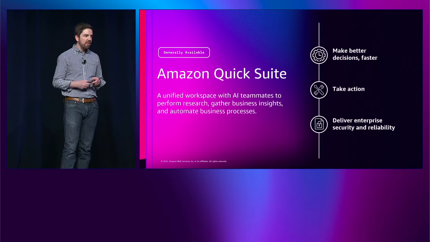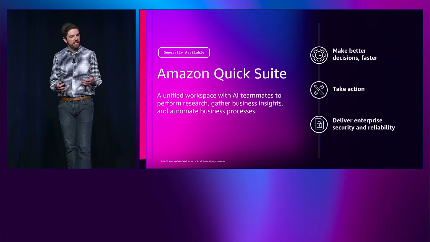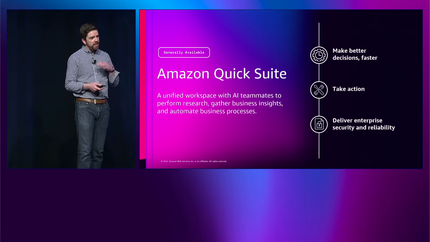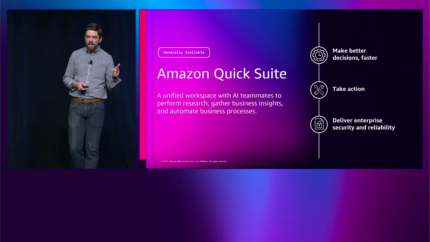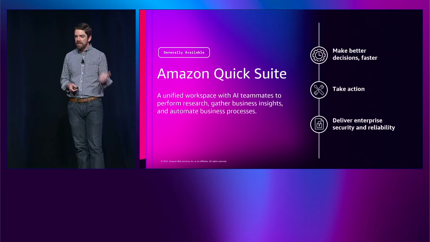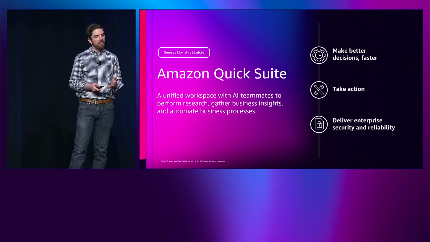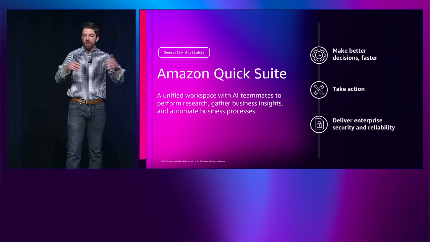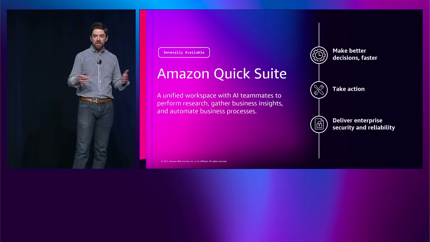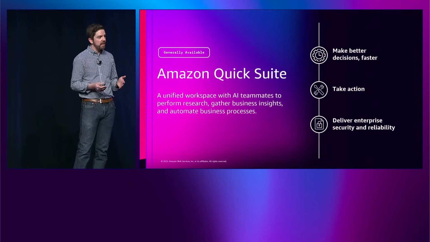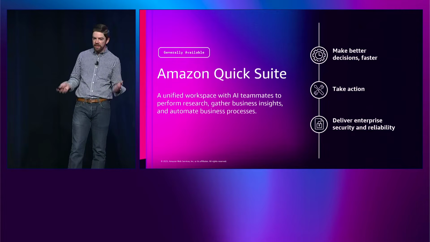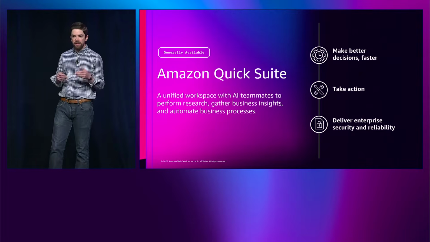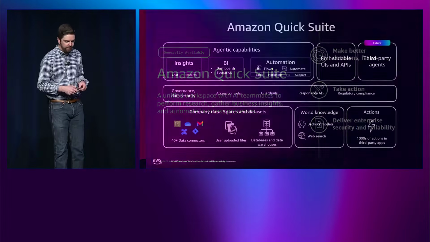And really, you can see on the right, we're really about enabling employees to make better decisions faster, take action on those, and ensure that QuickSuite delivers security, governance, compliance, visibility, logging, monitoring, everything that enterprise organizations need to feel confident deploying and rolling out agentic AI across the board, right? We really believe QuickSuite is transformative for every employee in your company, regardless of their technical skill, regardless of their experience with AI. And so we know that enterprise reliability and security is front and center to that mission.